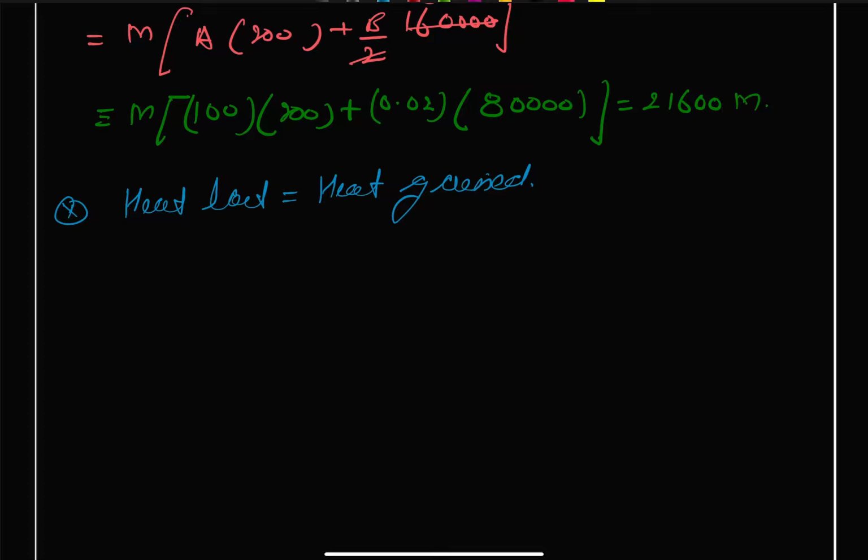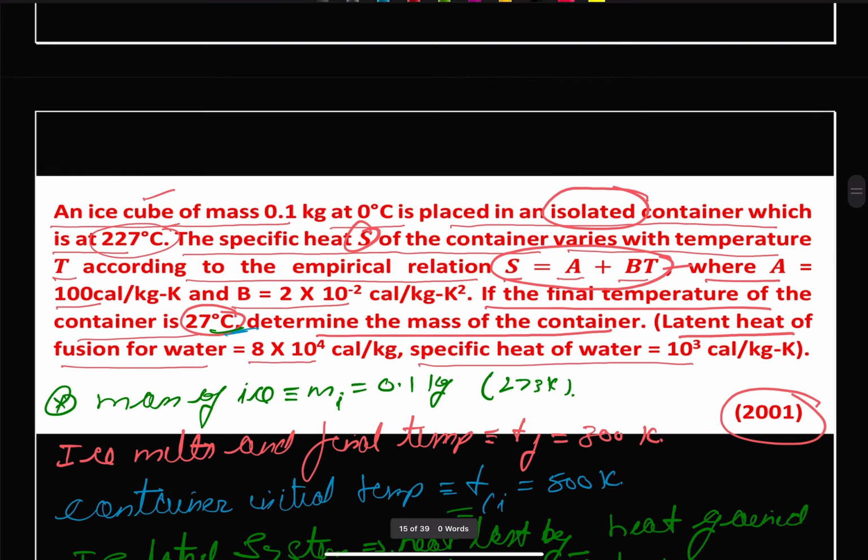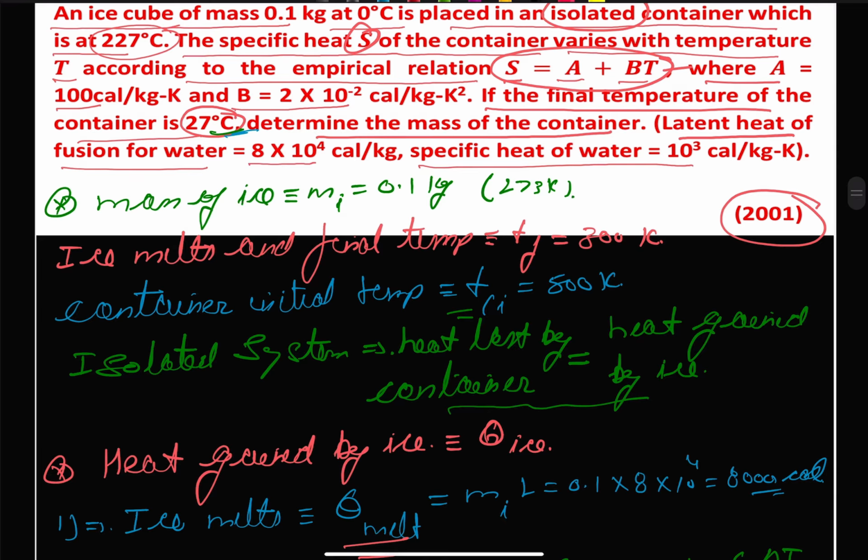Therefore, we can write that 216,000 times M will be equal to 10700. So from here we get M approximately equal to 0.49 kg. Okay, what was asked for? The mass of the container was to be calculated.